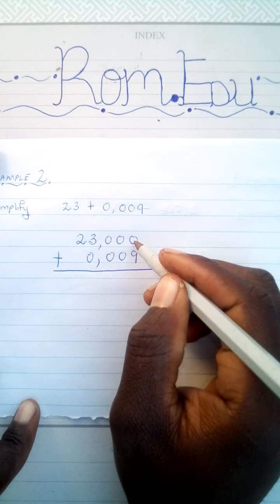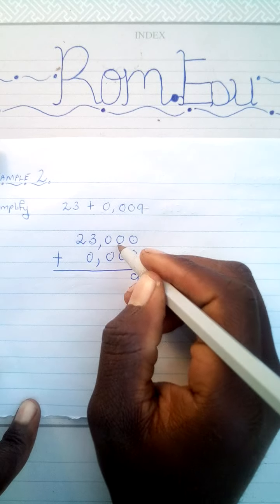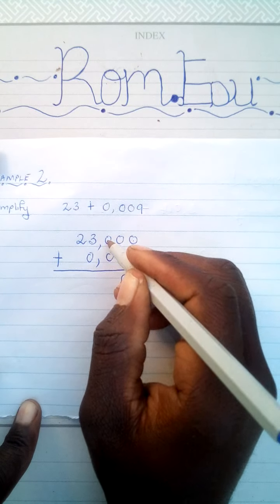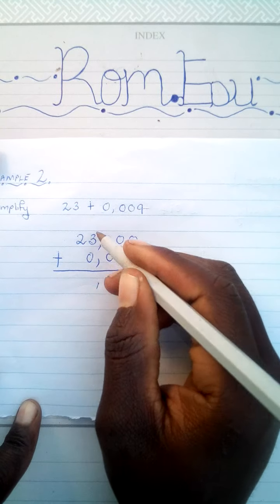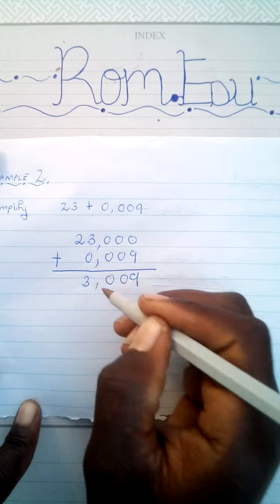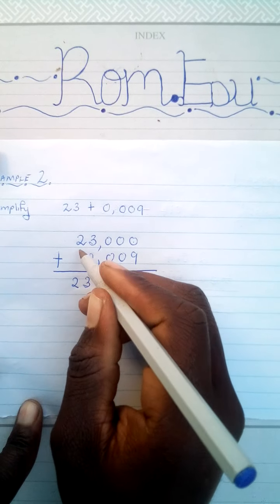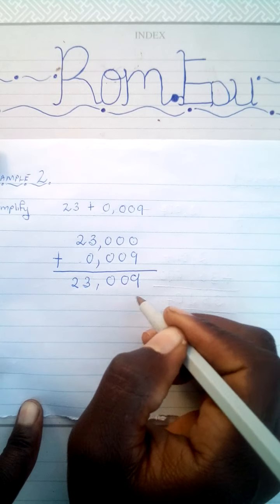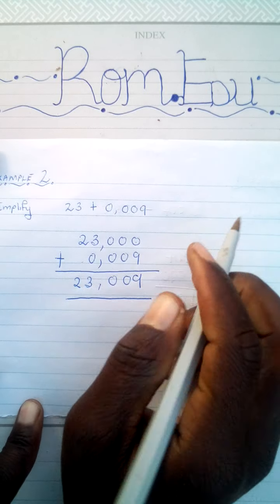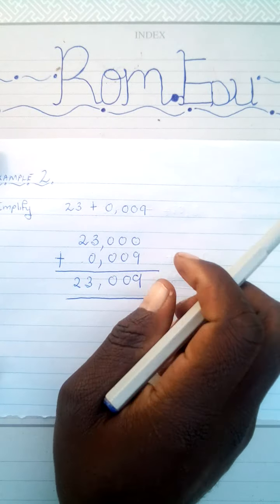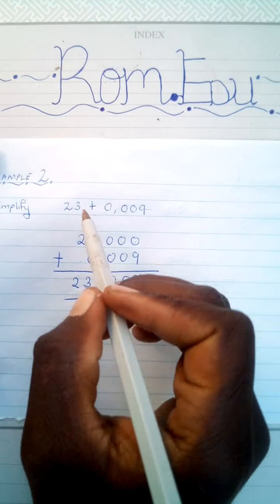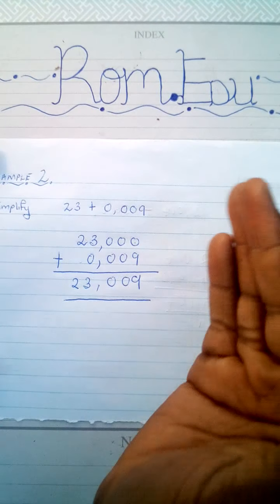I add 0 plus 9, that's 9, 0 plus 0, that's 0, 0 plus 0, that's 0, comma, 3 plus this one, that's 3, 2 plus this, there's nothing here, we have a 0. So you can easily do it when you put one number on top of another number.